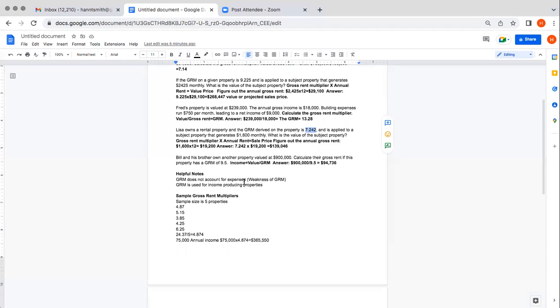Now, most of the time, income producing properties are going to be your 2-family and up: 2-family, 3-family, 4-suiters, 5-suiters, and things like that. But over the past decade or so, a number of single family properties have started to become rental properties. And so you could use the gross rent multiplier to analyze a single family home.